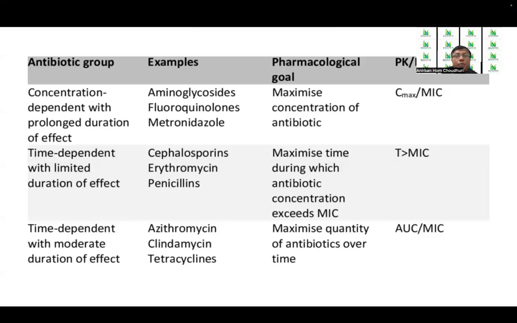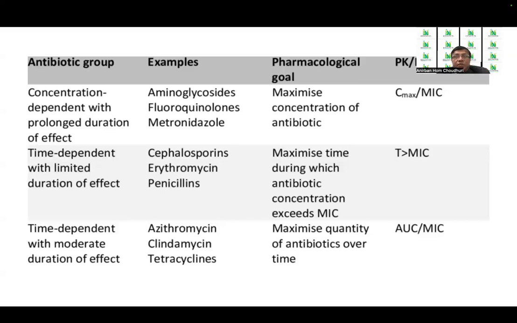There is a third group of antibiotics where we have to maximize the quantity that is delivered, and that is denoted by area under the curve over MIC. So this denotes the killing effect of the antibiotic. That is the area of the time for which it remains above the MIC on the curve. And in this, we usually need a loading dose alongside infusion.